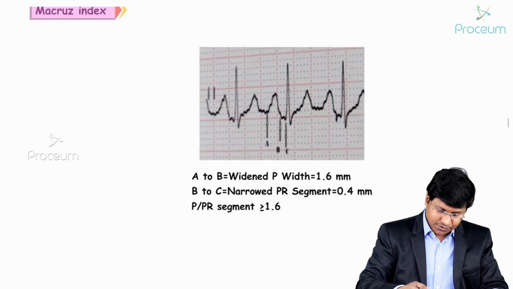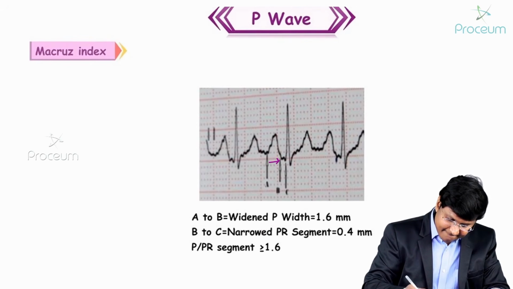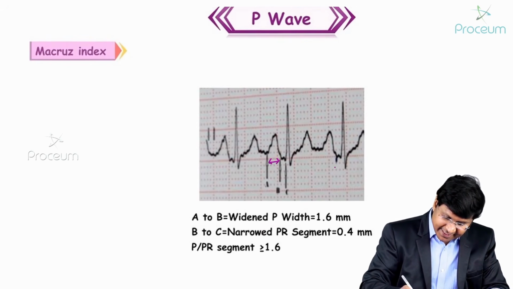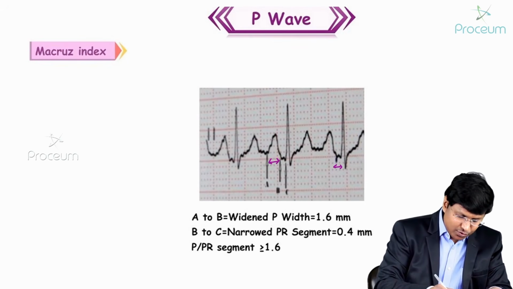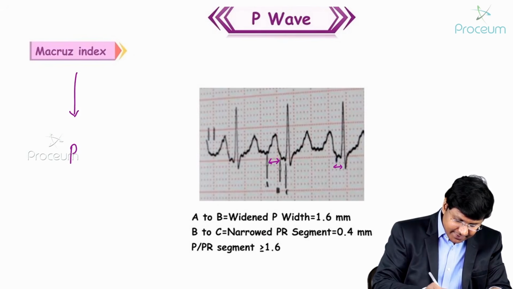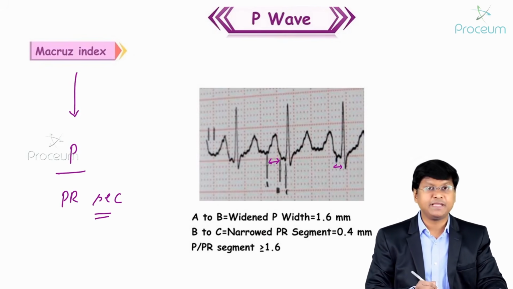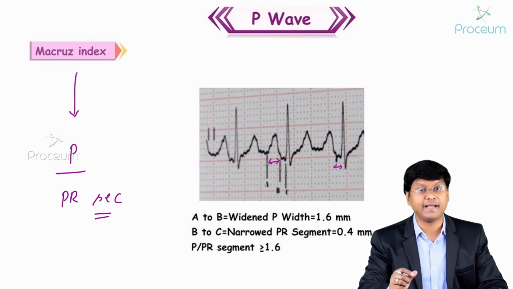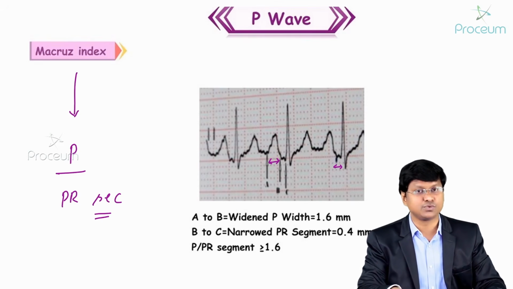So this is your P wave, and this is your PR segment. How do we calculate the Macrous index? P by PR segment is nothing but your Macrous index. Now you need to know the normal Macrous index.